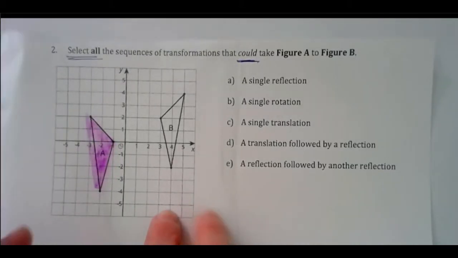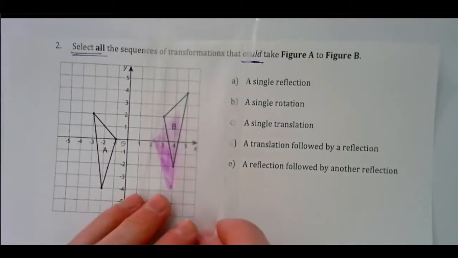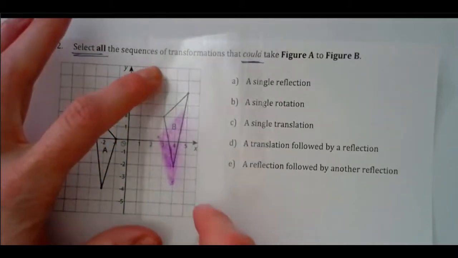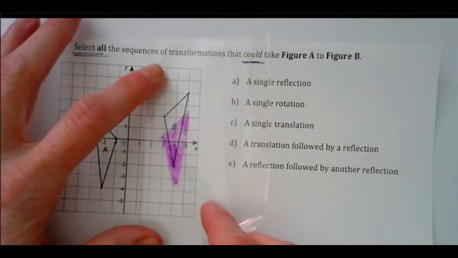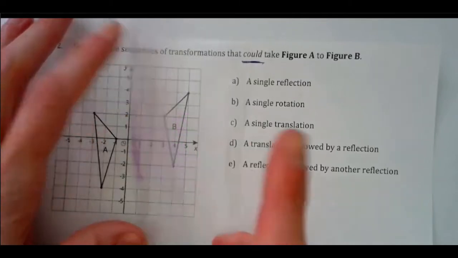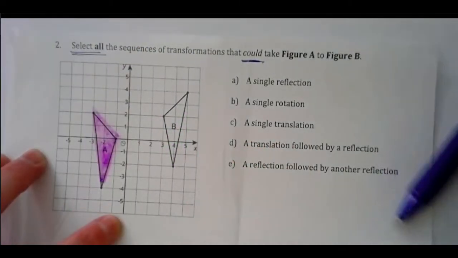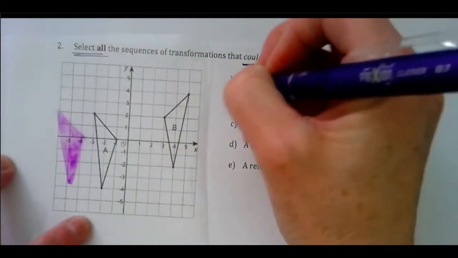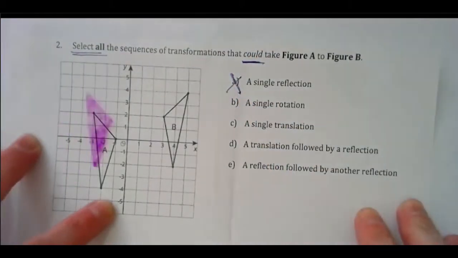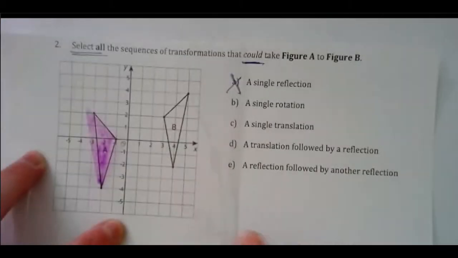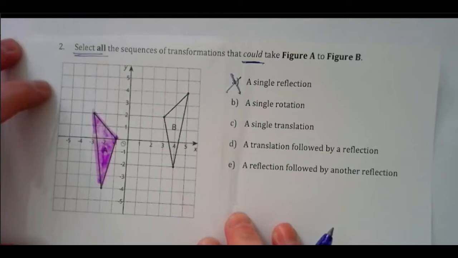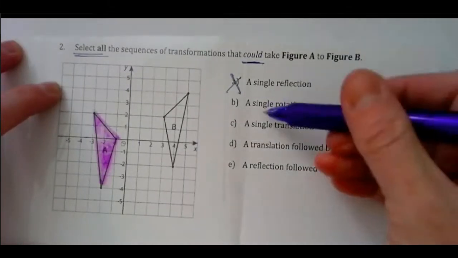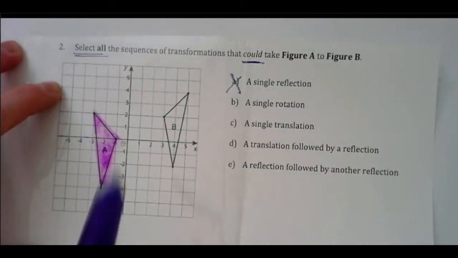If I reflect straight to the right, it's not lining up perfectly. So there is no single reflection that will make figure A become figure B.